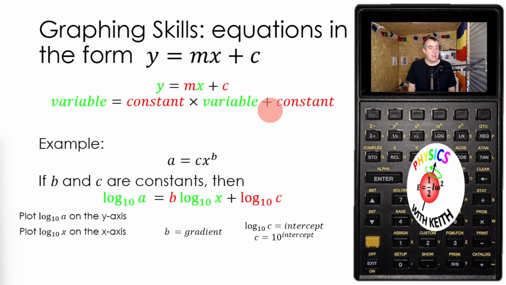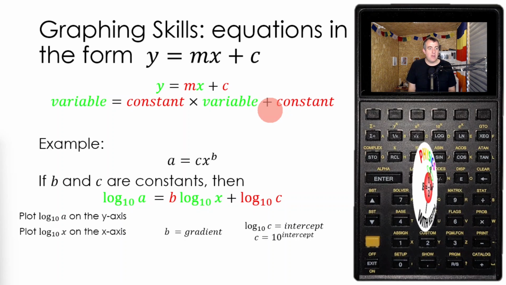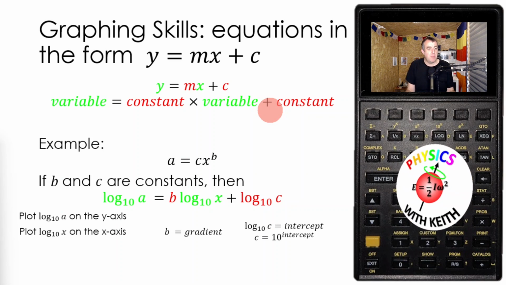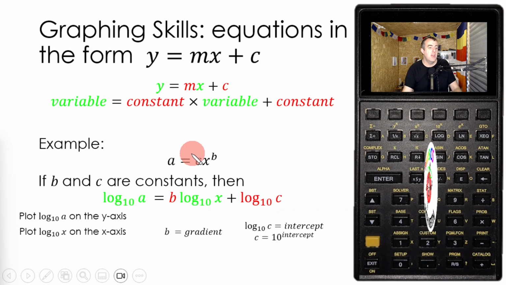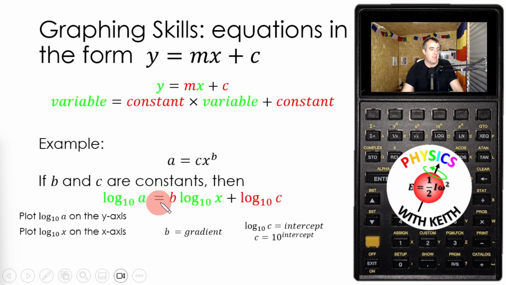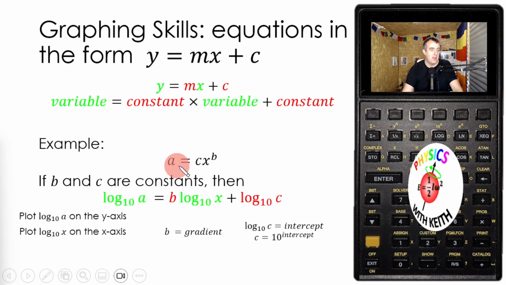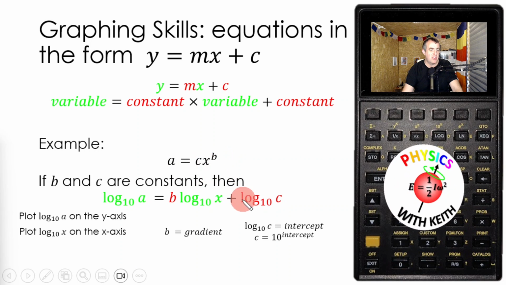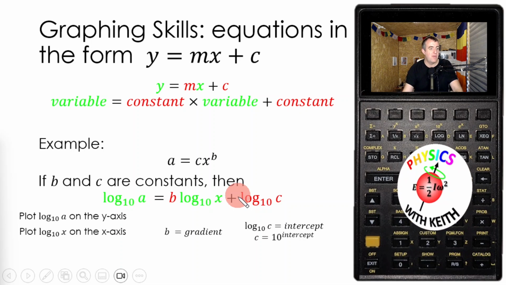Or we've got this, a equals c times x to the power of b. And we're told that b and c are constants. Well, I've got no idea what b is. What am I supposed to do to find what b is? Well, if I use my laws of logs, I log everything. Log base 10 of a on the left, log base 10 of the right hand side, but because they're multiplied we can split it. Remember those laws of logs from before?